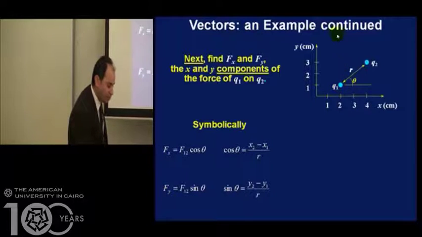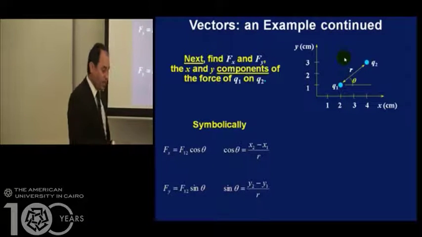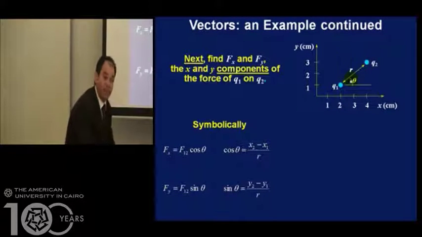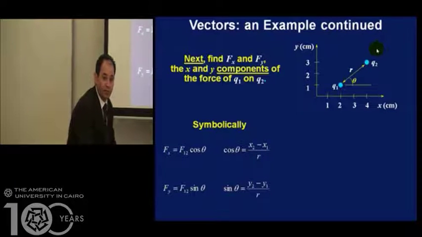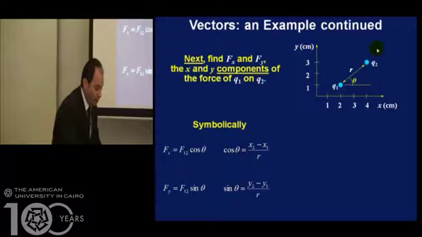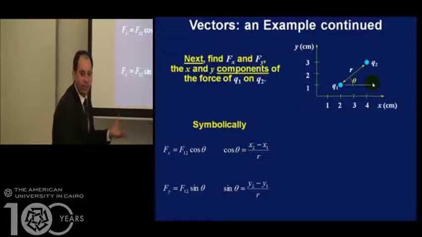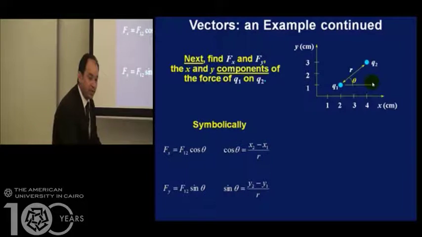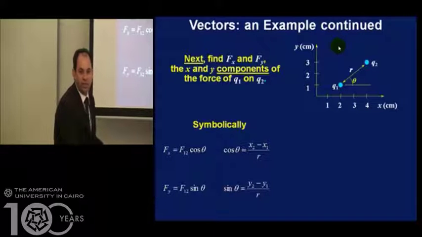Force is a vector, so it will have two components, one along the x-axis, which is the magnitude of the vector times cosine theta, and another component along the y-axis, which is the magnitude of the force times sine theta.